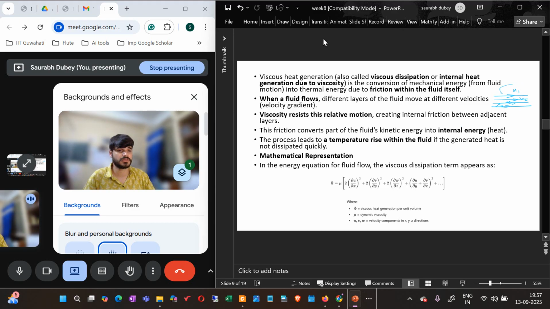So relative motion between these fluid elements will be resisted by the property called viscosity of the fluid, creating an internal friction between the adjacent layers. So the viscosity is leading to the internal friction between the adjacent layers, and this friction converts a part of fluid kinetic energy into the internal energy, which is heat. The process leads to a temperature rise within the fluid if the generated heat is not dissipated quickly.